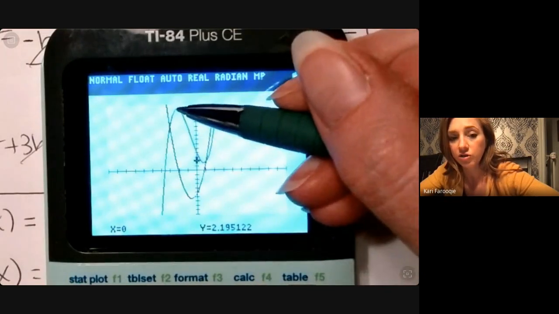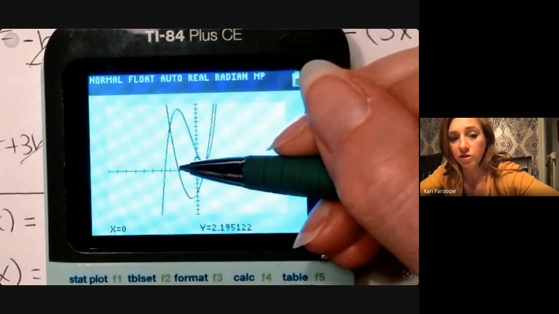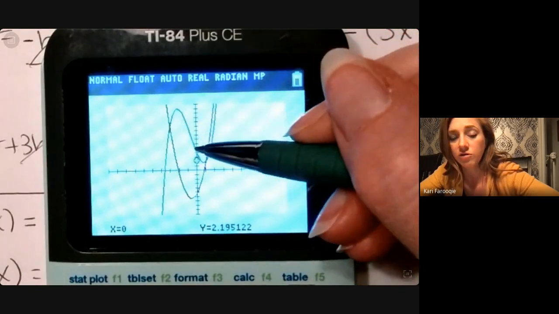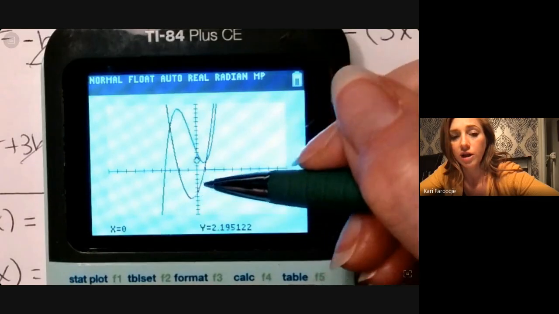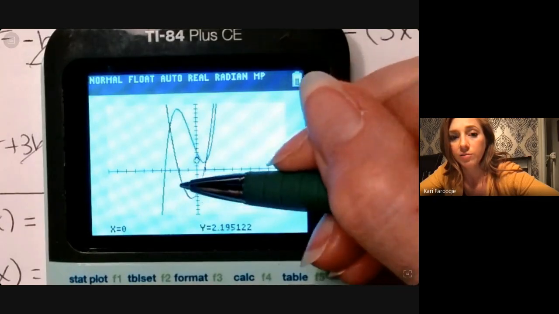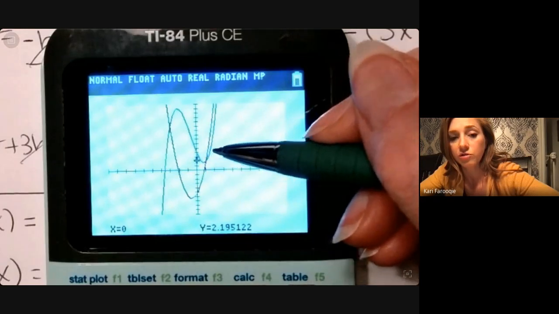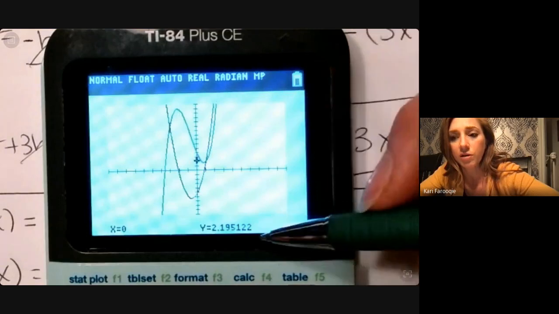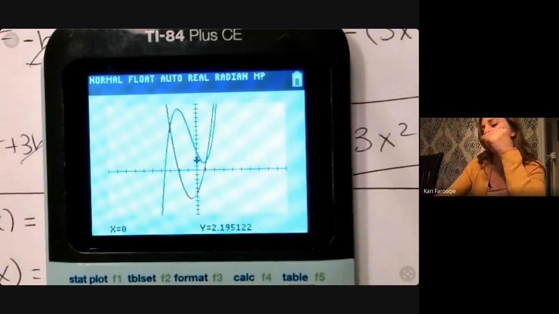When your original function stops increasing or decreasing, your derivative function is going to have an x-intercept. When your original function is decreasing, heading downwards, your derivative function is going to lie below the x-axis. And then as your original function starts to increase, your derivative becomes positive. Very cool.